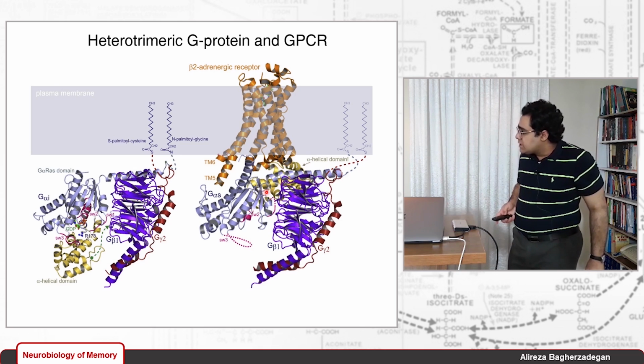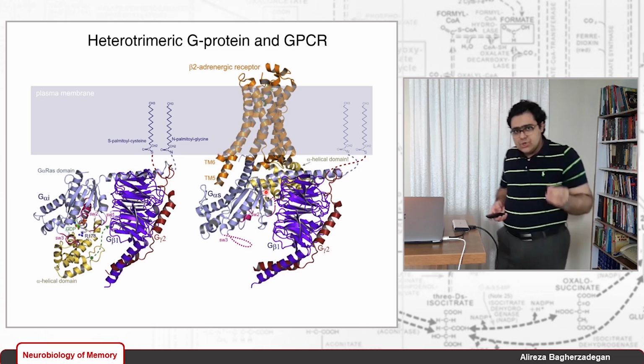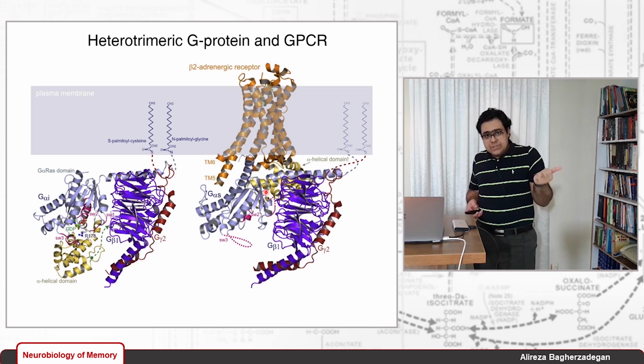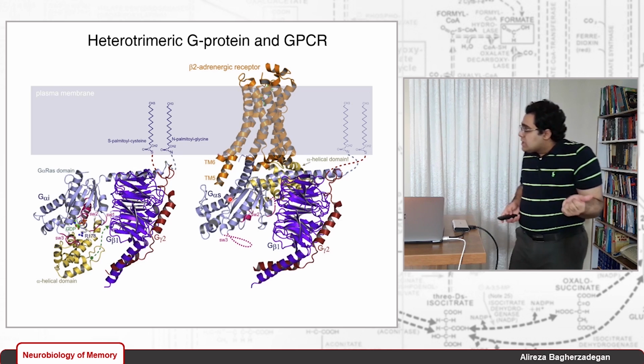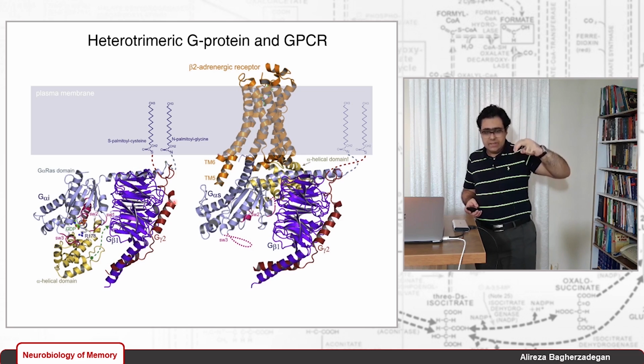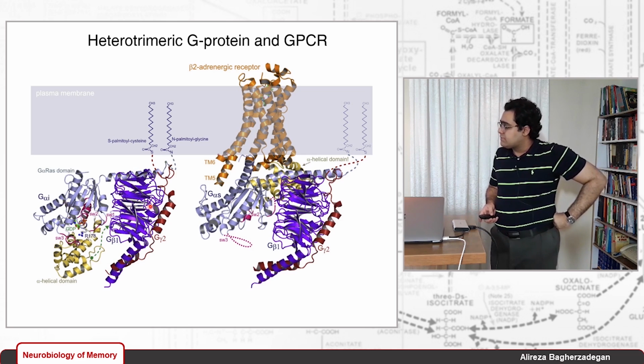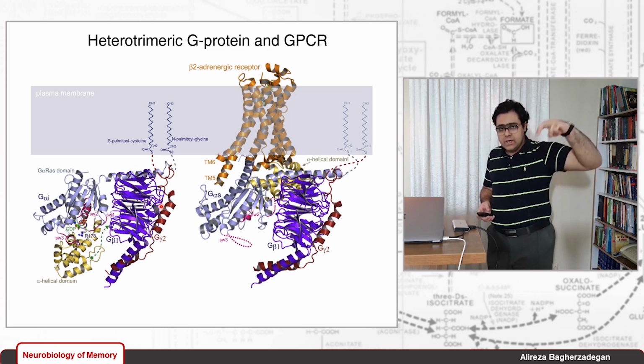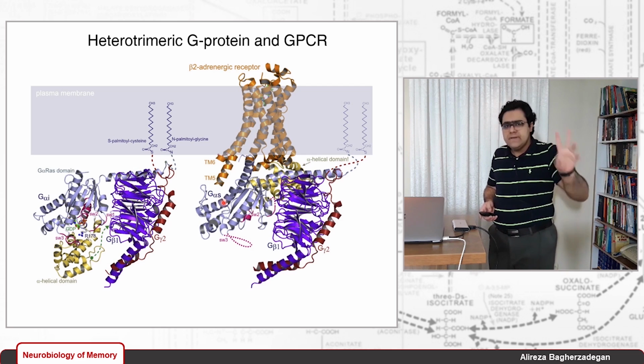That docking also causes a conformation change in the G protein. So there are two consequences for that docking. When one of the alpha helices of the alpha subunit of the G protein docks in that cavity, two things happen.